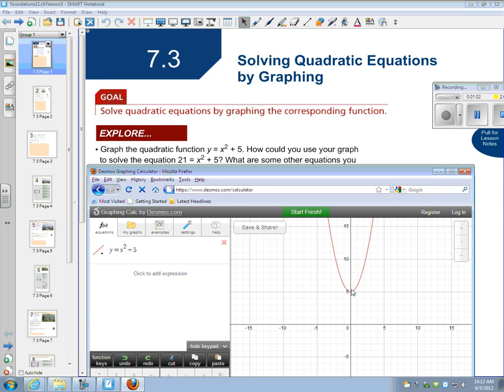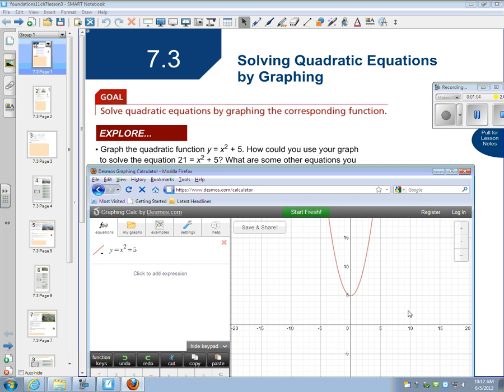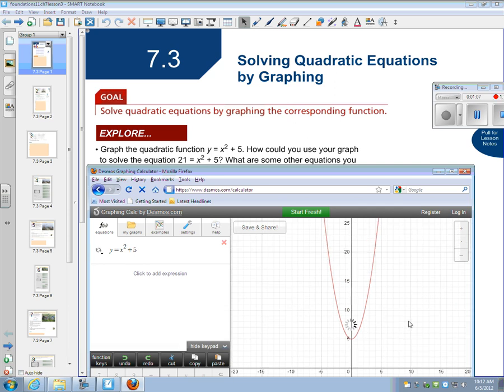So now what it's saying is, how can I use this graph to solve the equation 21 equals x squared plus 5? So I want to know what x is to get 21. And it looks like there are two answers. It looks like x could be 4, and it looks like x could be negative 4. Okay?